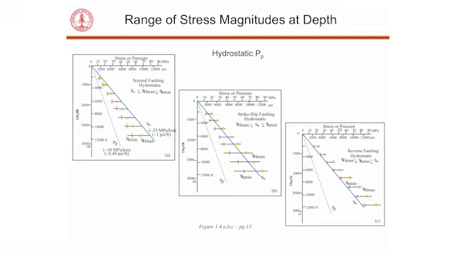If we are in a strike-slip faulting regime, then the minimum horizontal stress is less than the vertical stress, and the maximum horizontal stress is greater than the vertical stress. And if we're in a reverse faulting regime, both horizontal stresses can be larger. In fact, there's not enough room on the graph. Both horizontal stresses can actually be quite large, and we'll talk about that later.